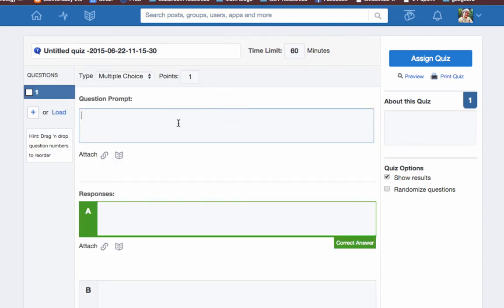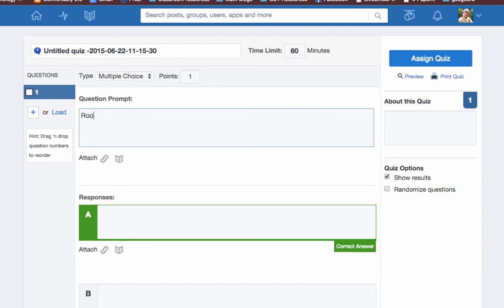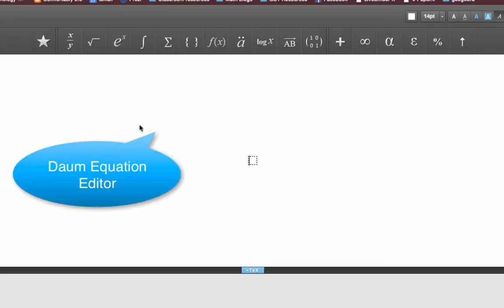DOM equation editor. Let me see, if I need to insert a problem, say roots of quadratic equation, and now I need to type in the quadratic equation. If I am not an expert with LaTeX, what I can always do is go to this website known as the DOM equation editor.